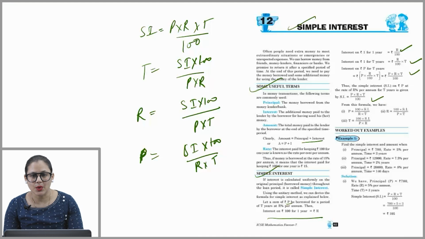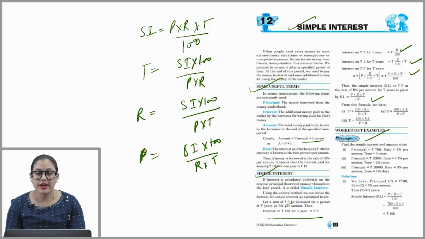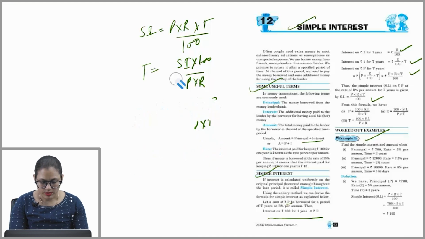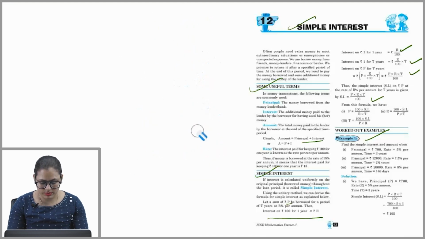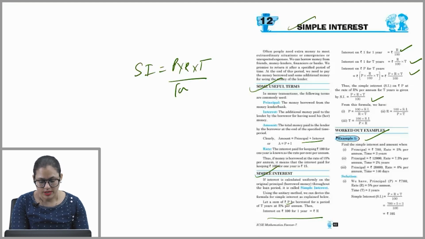Right? Now let's do example 1. Find the simple interest and amount when principal, rate and time is given. Okay. So we have to calculate simple interest. Formula is P into R into T upon 100. Okay, P is given, which is rupees 700.